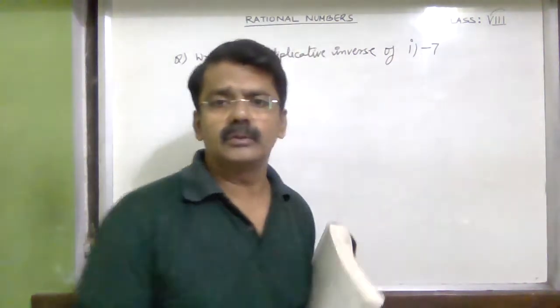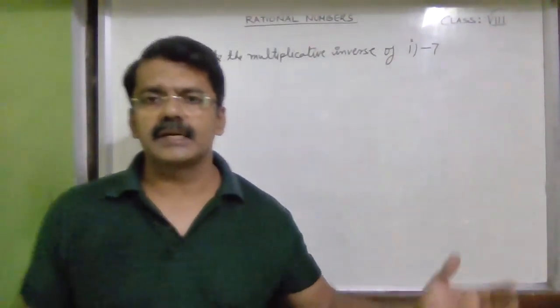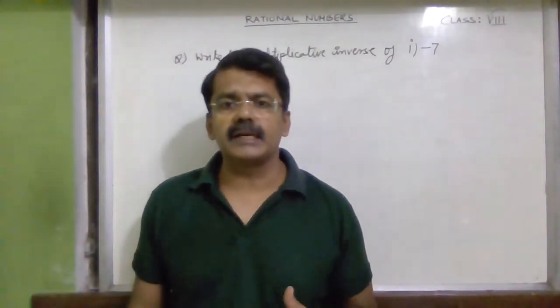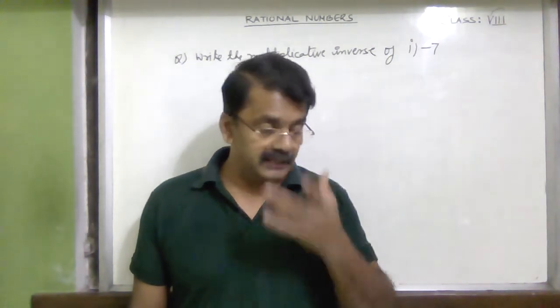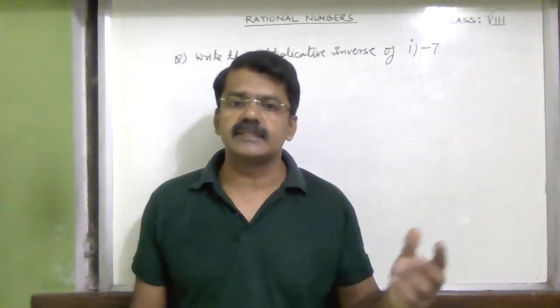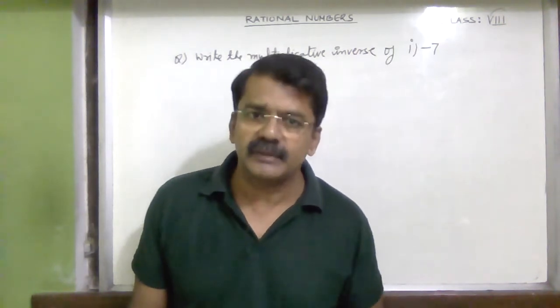Now I told you that multiplicative identity is 1. That means if two numbers are multiplied and the result is 1, then those two numbers are multiplicative inverse of each other.